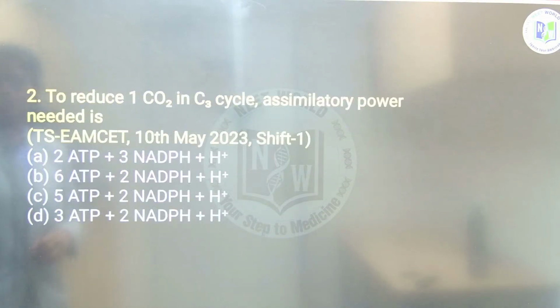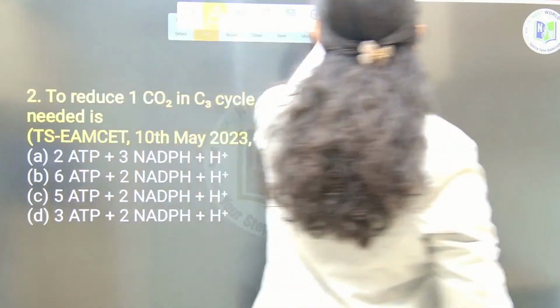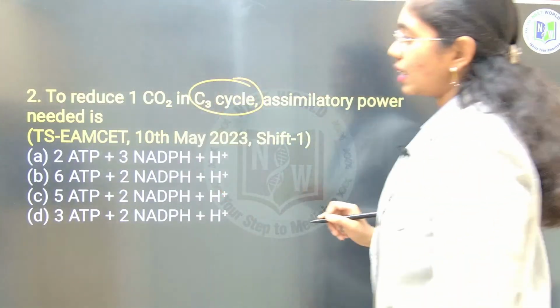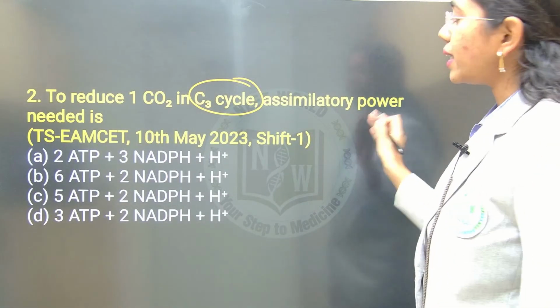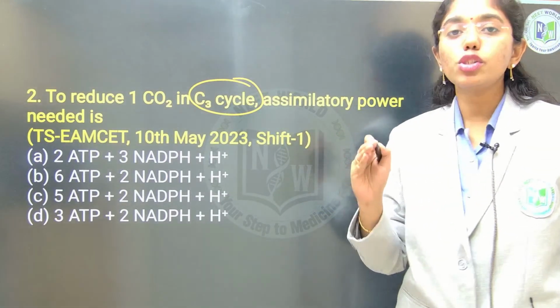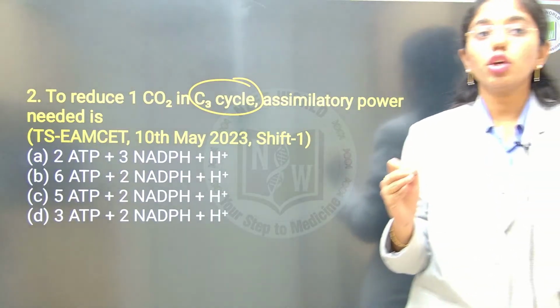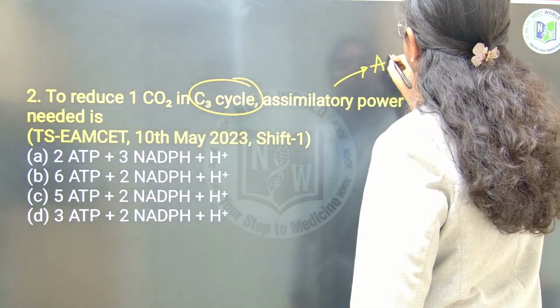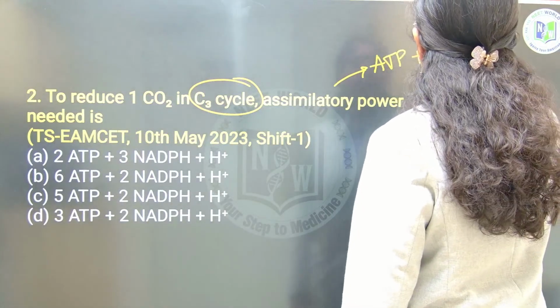Second question you look into, this is on energetics of the C3 cycle. To reduce 1 carbon dioxide in the C3 cycle, the assimilatory power needed is, always do remember, whenever they are asking you assimilatory power, which includes both ATP and NADPH.